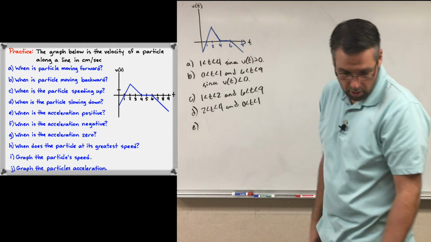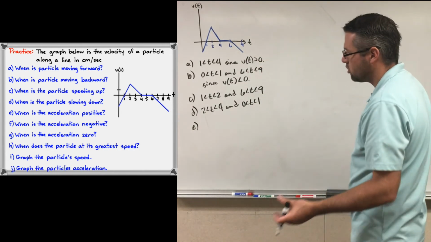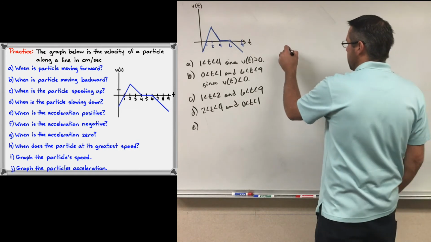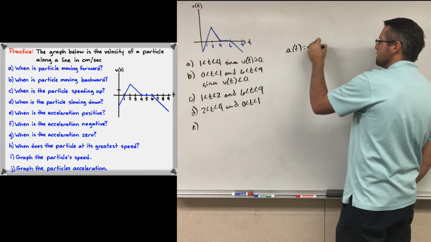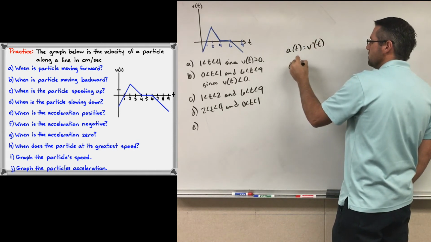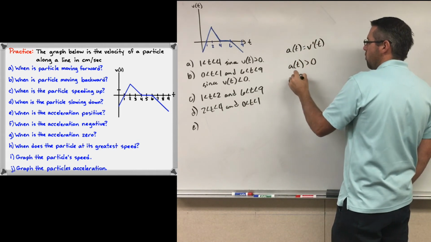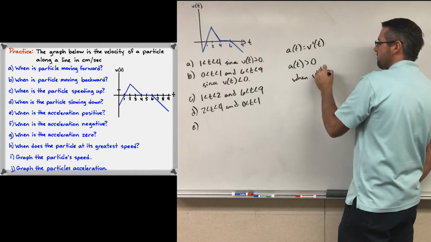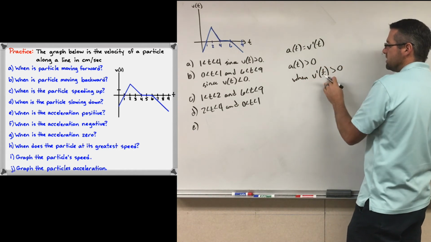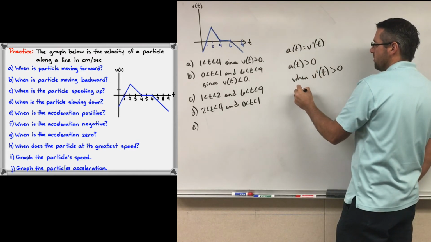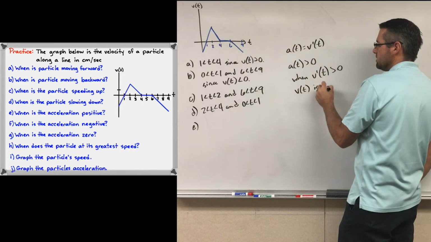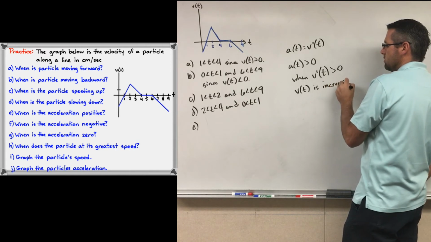Okay, so for part E, it says, when is the acceleration positive? Well, remember, acceleration is the derivative of velocity. So acceleration is positive when the derivative of velocity is positive. The derivative is positive when velocity is increasing.